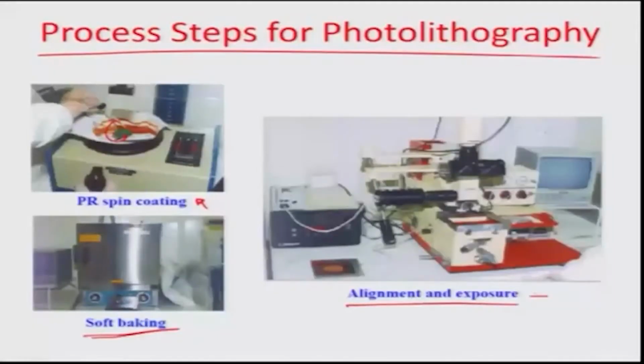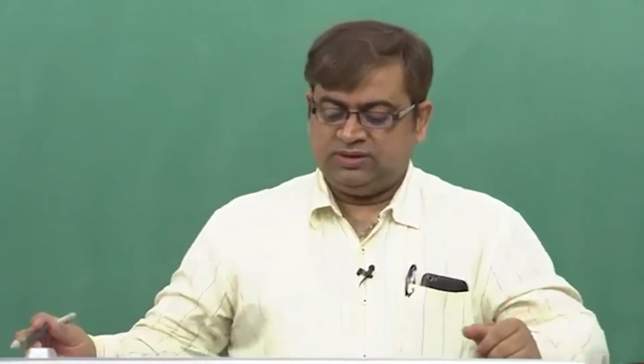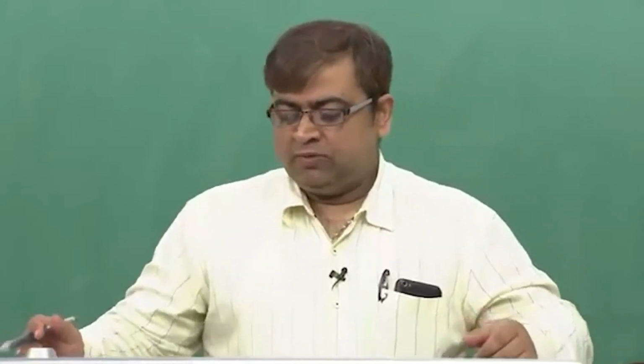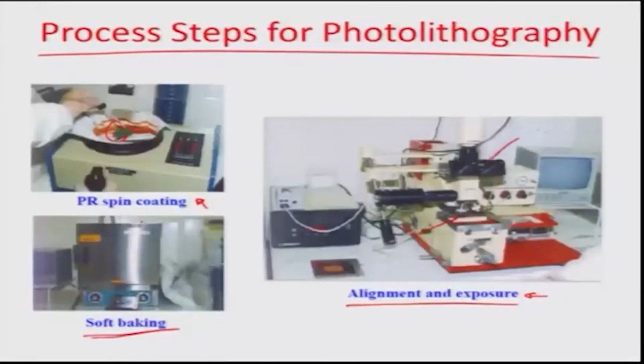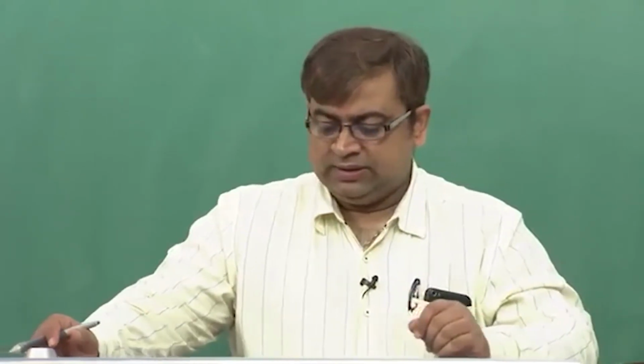Then there is alignment and exposure, which means that you have a mask which is laid out exactly over the resist coated surface with almost 0 distance in contact lithography, which you could actually see through a microscope right here by positioning the mask and moving the wafer in the z axis towards the mask, so that you could see the wafer very closely.